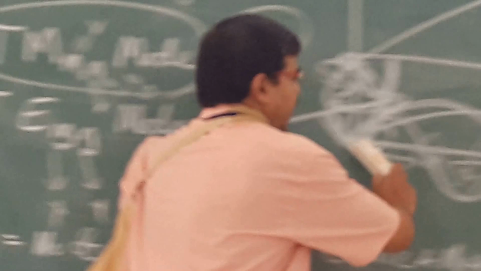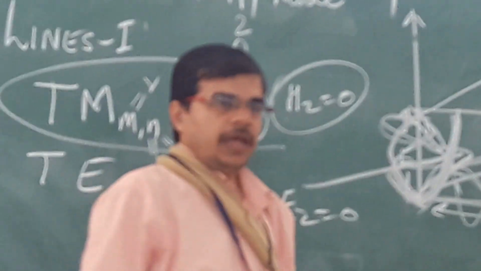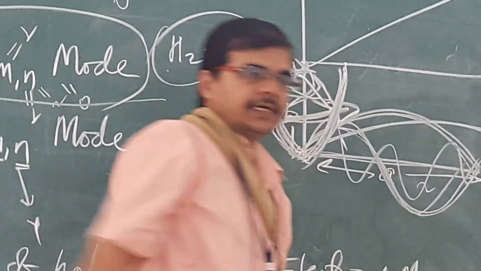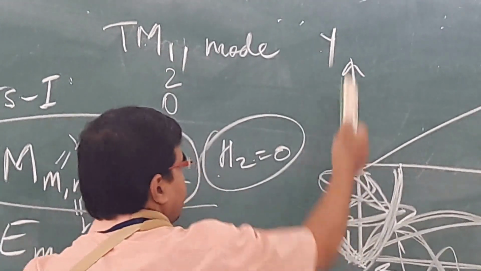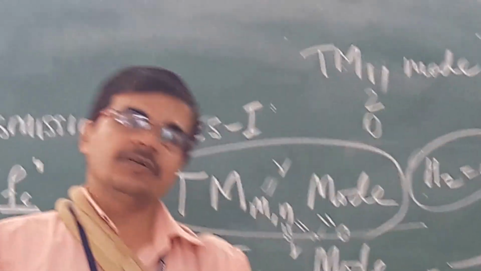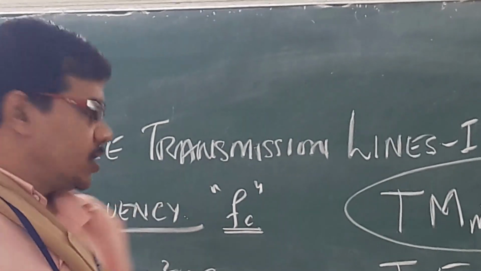In the direction of a and b. A is for your x-axis, that we are considering your electric field, and this b is your y-axis, that we are considering for your magnetic field. So this much, is it okay?